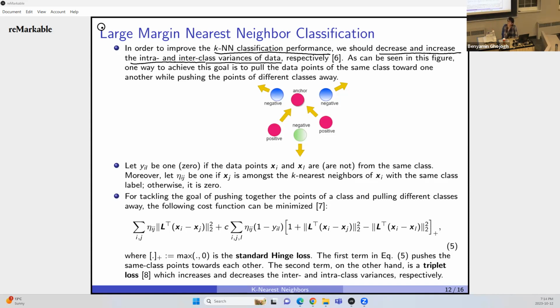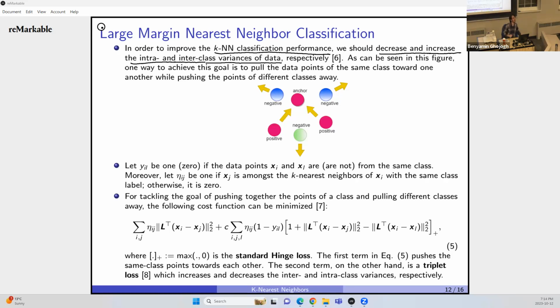Okay, then you tell me I have a triplet. What should I do? Assume I want to design an algorithm, and my data is in the form of triplets. What should I do for fulfilling that idea of decreasing the intra-class variances and increasing the inter-class variances? So I have anchor, positive, negative. Anchor and positive belong to the same class.